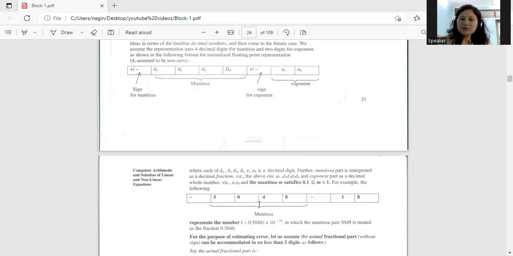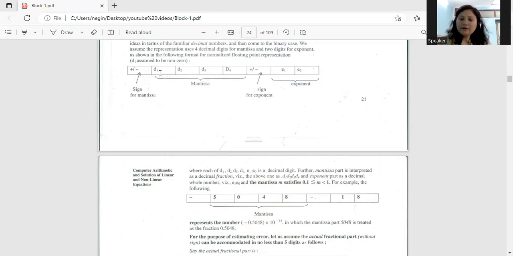The sign is minus, so first we put the sign for the Mantissa, which will be minus. Then what would be the Mantissa? The Mantissa will be the right side of the point. Here we have 0.5048, so the right side of the decimal is 5048, which is the Mantissa.